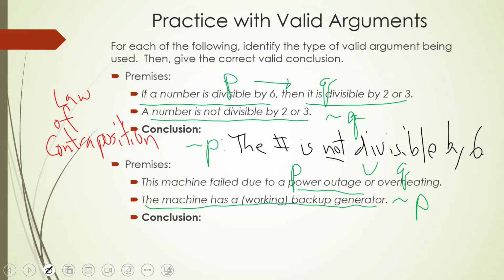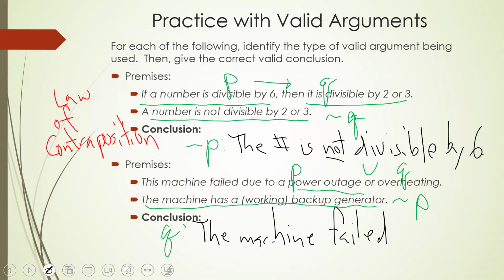And so if you remember, in a case like this, we have P or Q and not P as our premises, then what we can conclude is Q, which is that the machine failed due to overheating.